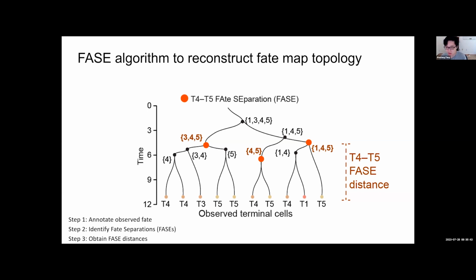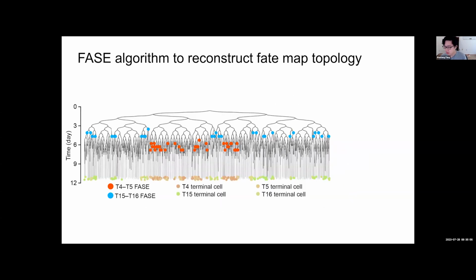In total, there are 5 terminal cell types being shown here. So we first annotate each node with observed fate, we identify the fate separation, and then we look at where they occur along the time axis. Across the entire phylogeny, many such phases for all pairs of terminal fates are computed. Here, 2 pairs of separation are being shown.